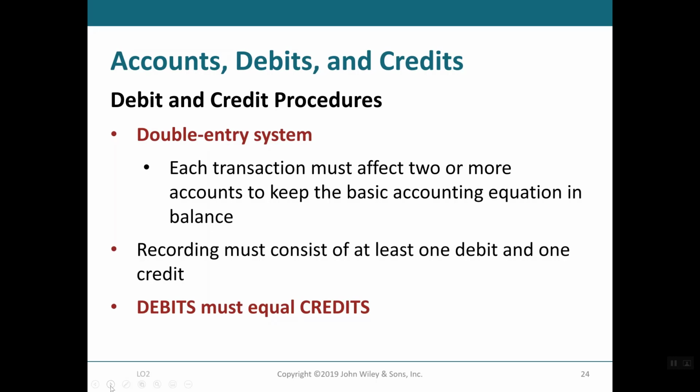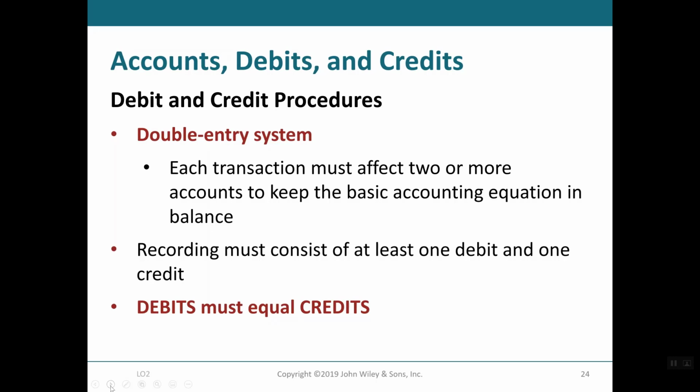So if we look at what we did in the first learning objective, we see that when we had an economic transaction, it is either affecting one asset and another asset, or affecting one part of an asset account and then a liability account or a shareholders' equity account.